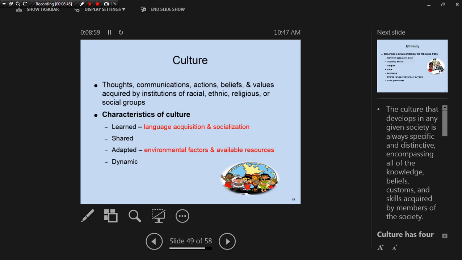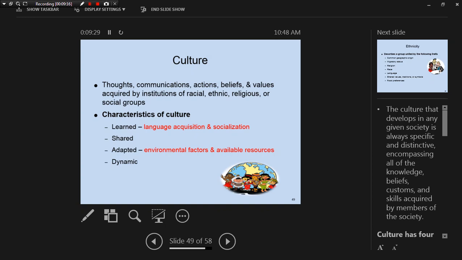For your exam, and for caring for patients, you need to be able to determine the difference between culture and ethnicity. I think that's on your test blueprint. There are 4 characteristics of culture. It is learned, through language acquisition and socialization, so through our social experiences. It's shared, and it's adaptable, and it's dynamic, depending on our environmental factors and the resources that are available.